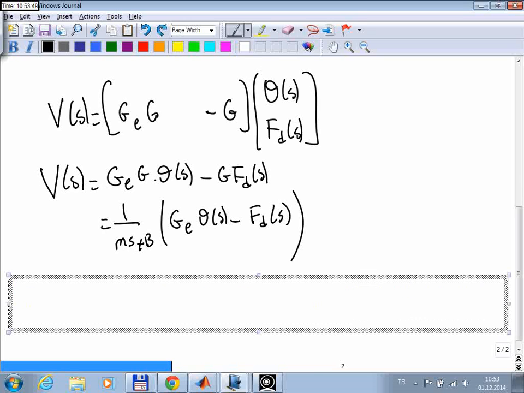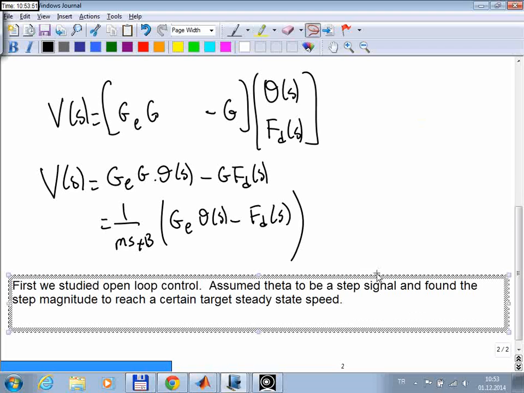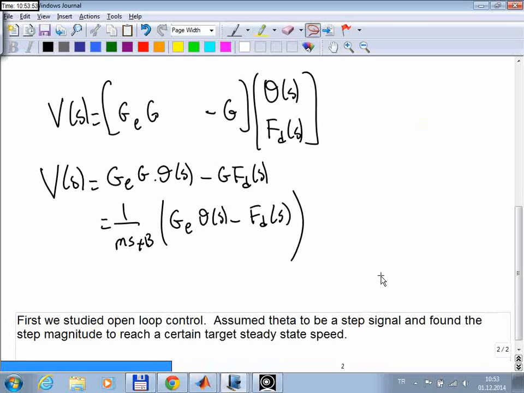Okay, so before this, actually, let me show the steady state output for this problem, if we use the final value theorem.